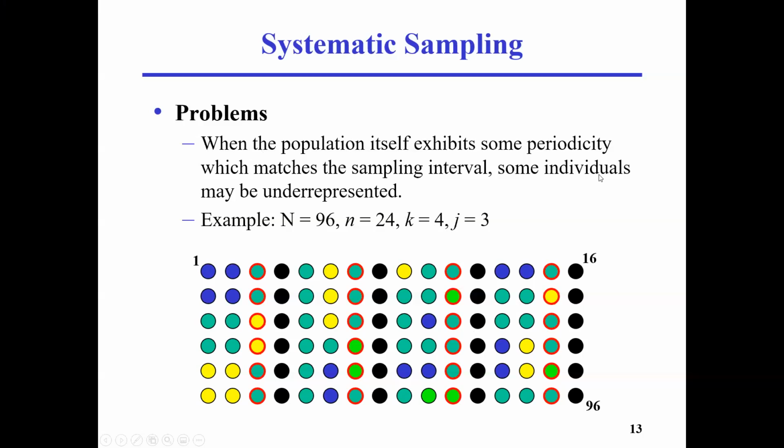So when you're trying to use the systematic sampling method, before using it, observe your data set very carefully and see if there is a specific pattern, spatial pattern or non-spatial pattern, and make sure that when you collect observations from the population, that specific pattern can be addressed.